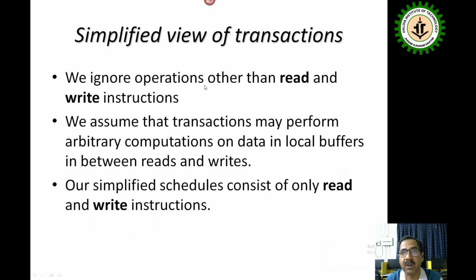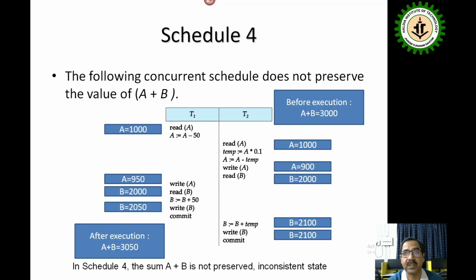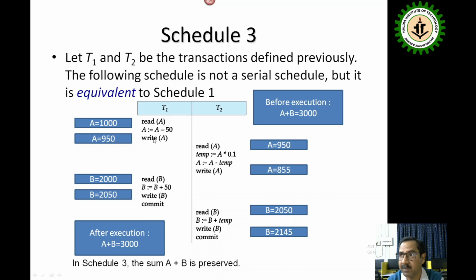So here we are ignoring operations other than read and write operations, because the other operations do not deal with the database. Here A equals A minus 50 is done in the local buffer, not in the database, in the RAM, volatile memory. So it does not deal with the database, but read and write operations deal with the database, access the database.